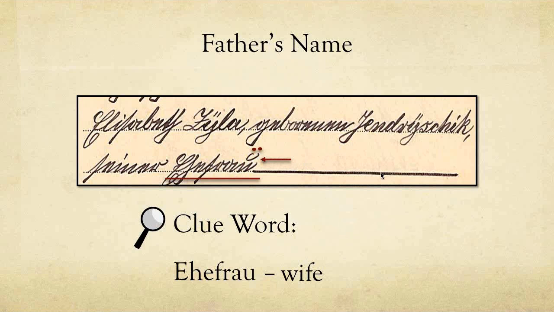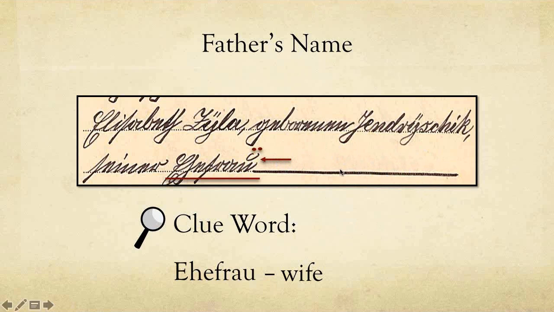And then we want to look for the husband's name after. Now here there's nothing. So what that tells me is that the husband has already been mentioned. If there's nothing here, that is a clue that the husband was the declarant. The husband was the person who came to the registrar and said, my child was born.